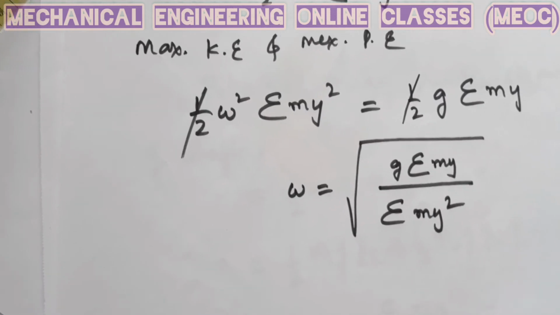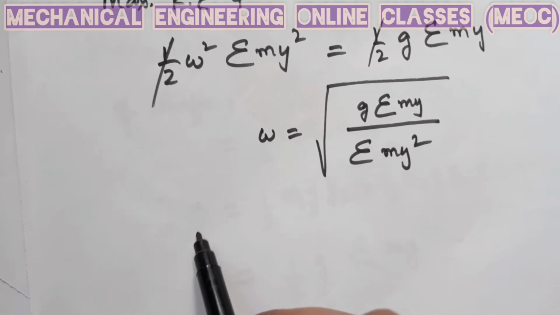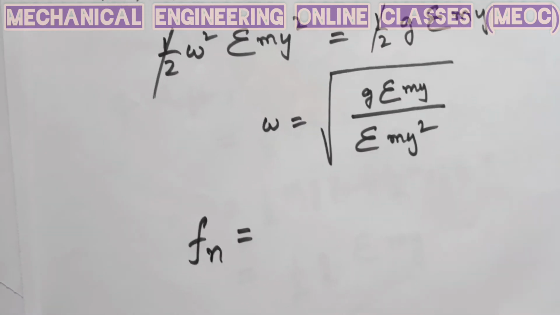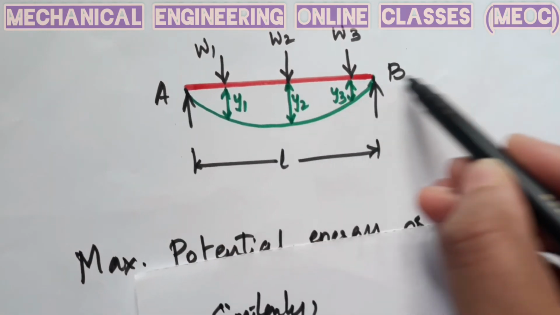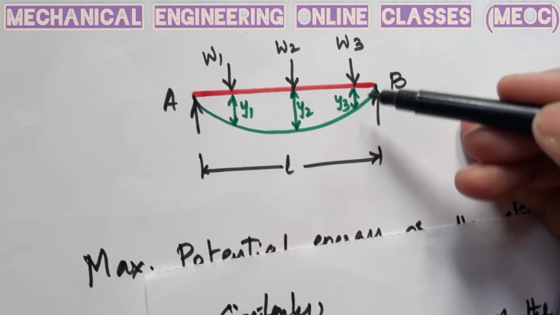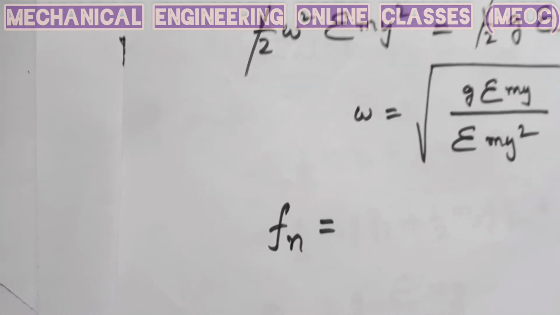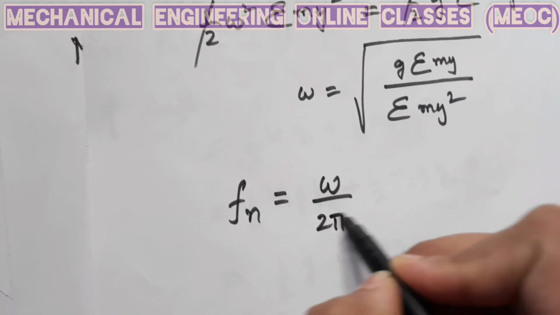Now because we have obtained omega, we know that the natural frequency of transverse vibrations, transverse meaning the vibration is perpendicular to the axis of shaft. The axis of shaft is along the length, so the vibration is perpendicular to it. So the natural frequency of transverse vibration can be given as omega by 2 pi.